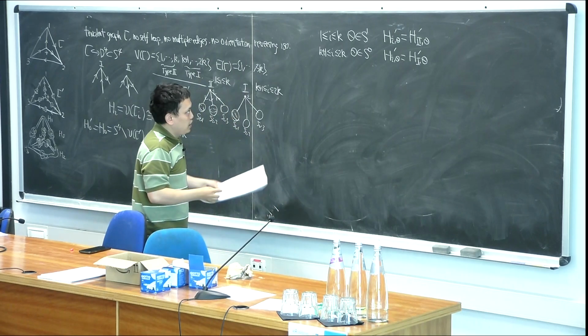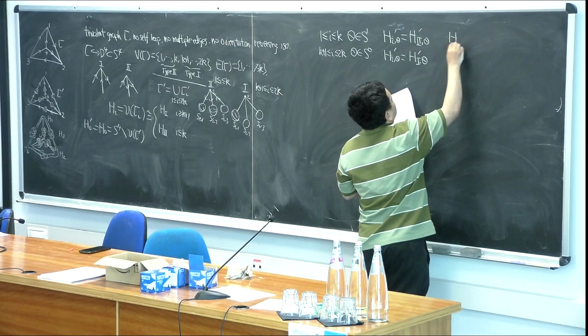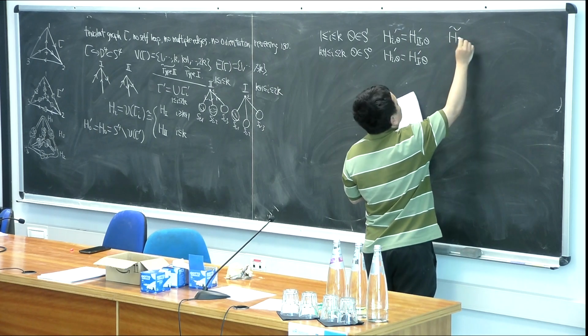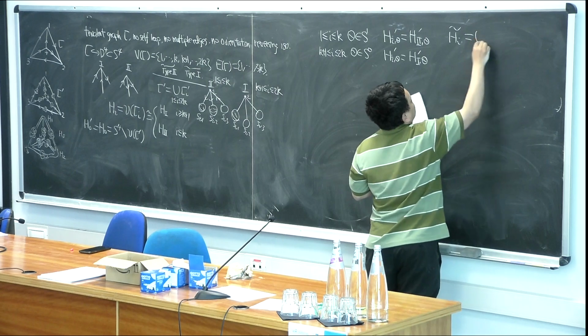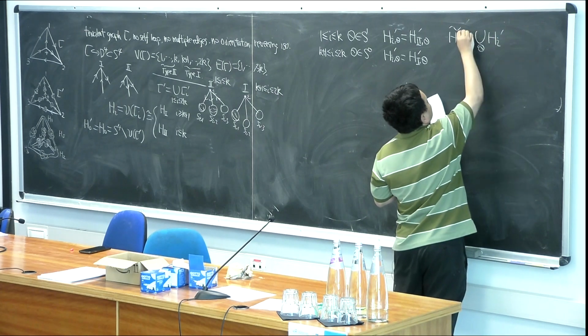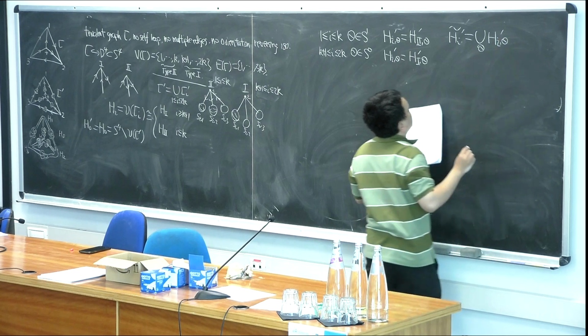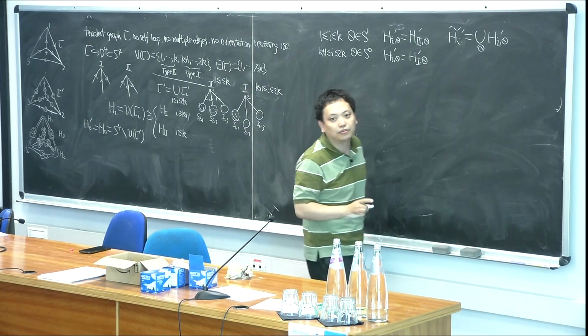Then we take the union, Hi prime just be the union of the hi prime theta. Okay. So this is a family either over S1 or over S0.